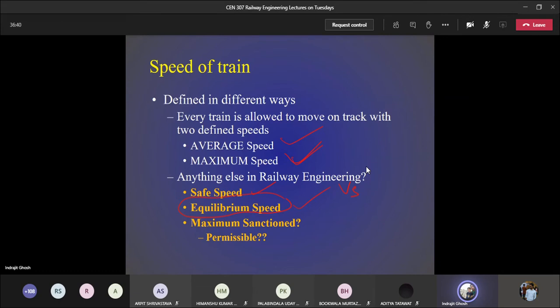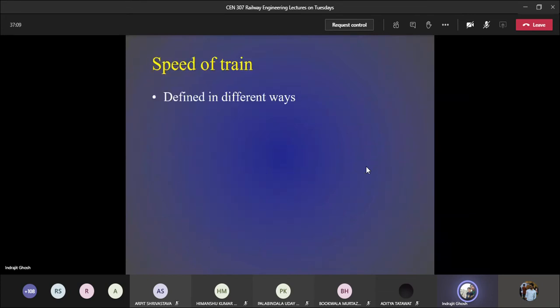The last one is maximum permissible speed or maximum sanctioned speed. Are both of them the same? Sanctioned and permissible sometimes seem very similar. So these are the terms you will know when we go through the geometric design. Let us see them one by one.